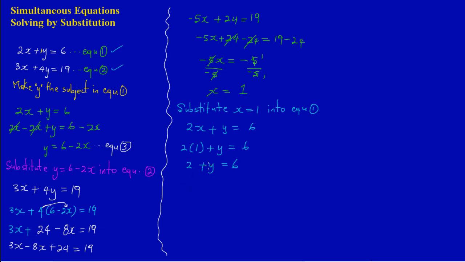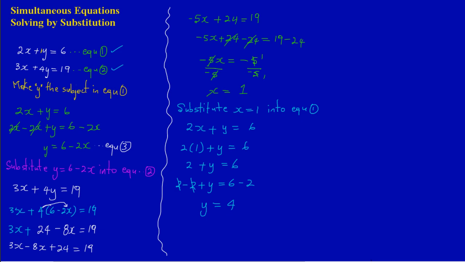Now if you notice, 2 is being added to y, so I must do the opposite of addition, which is subtraction, in order to get my 2 to the other side. So I'm going to say 2 minus 2 plus y is equal to 6, and what I do to this side I must do to the other side, minus 2. Positive 2 will cancel out with negative 2, hence I have y left on this side. So y is equal to 6 minus 2. I'll be left with a 4.